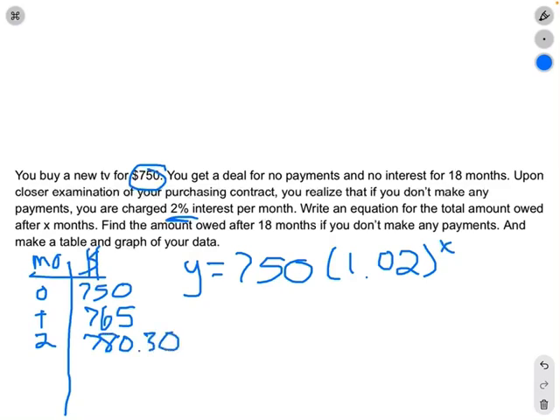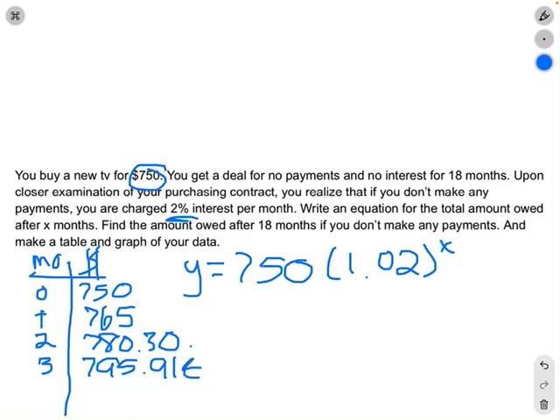Okay, so if we look, you can see in the first month, it goes up by $15. In the second month, it goes up by a little more than $15. And then in the third month, we have $795.91. So again, a little more. This one is $15.30.